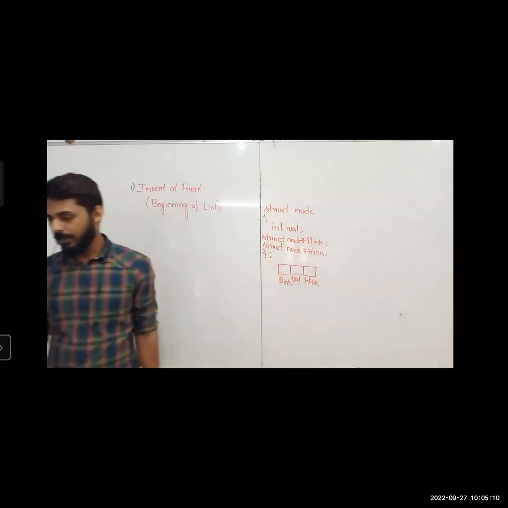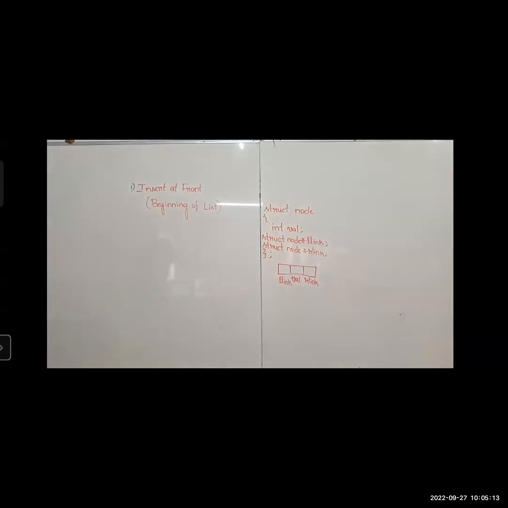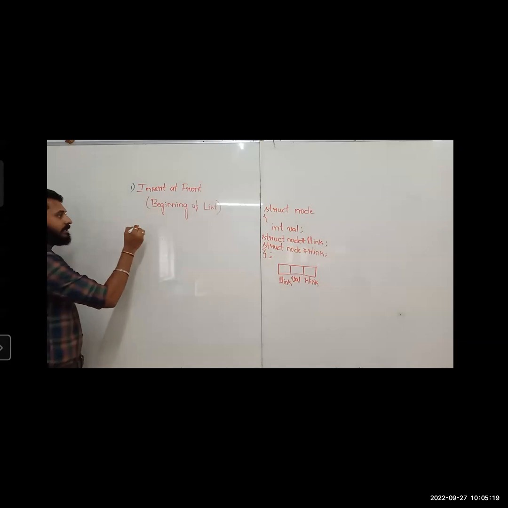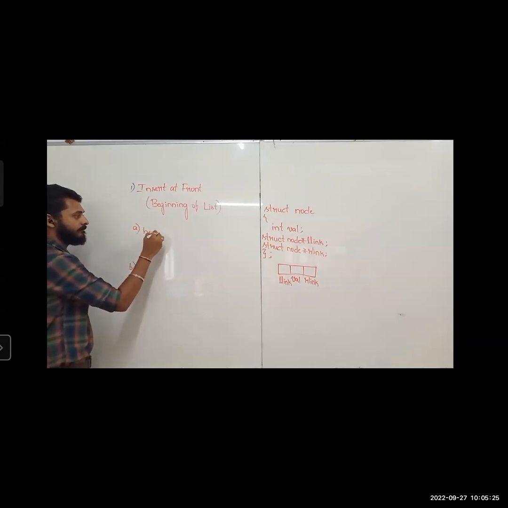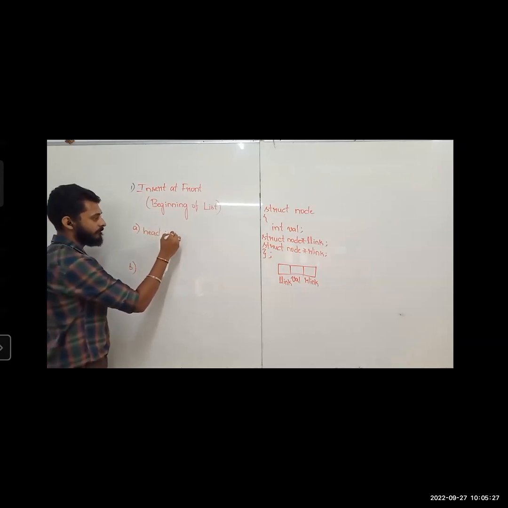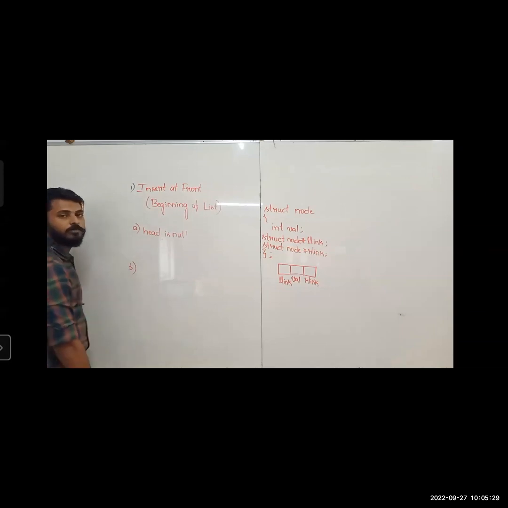In the beginning of list. Next, in this, there might be 2 cases. One is head is null. What do you mean by head is null? There are no nodes. Linked list is empty.